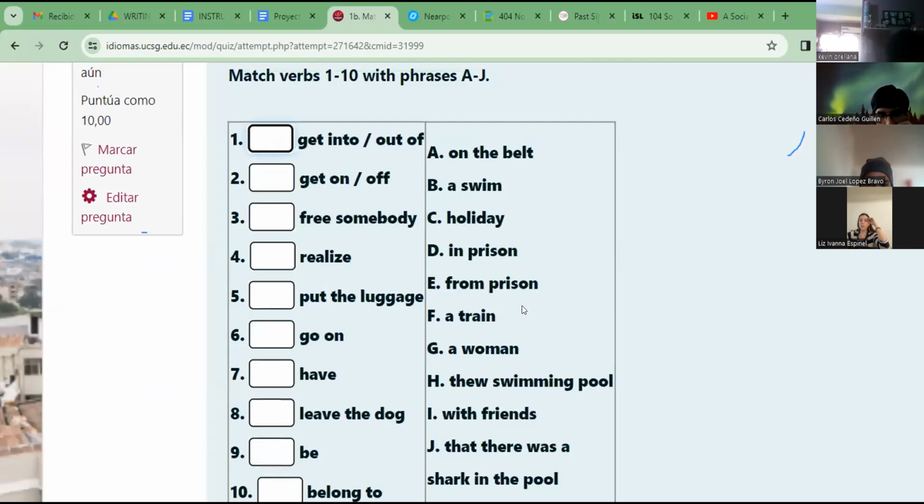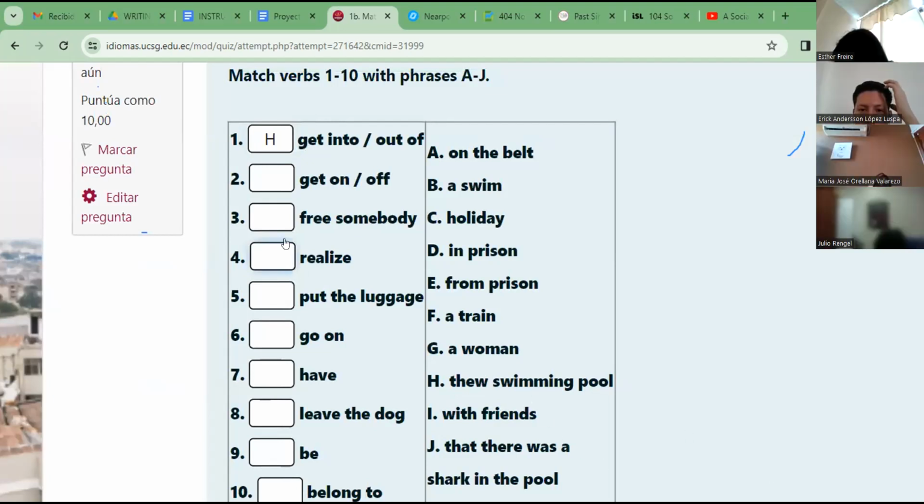Number 1 is letter H. Get out of the swimming pool. Yeah, it's a mistake there. We have you and not use the swimming pool.